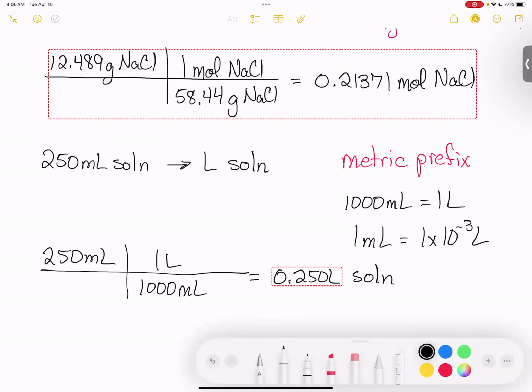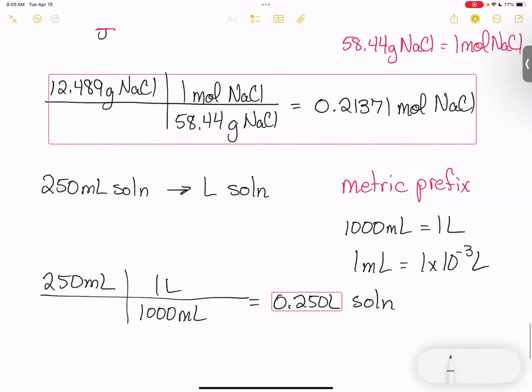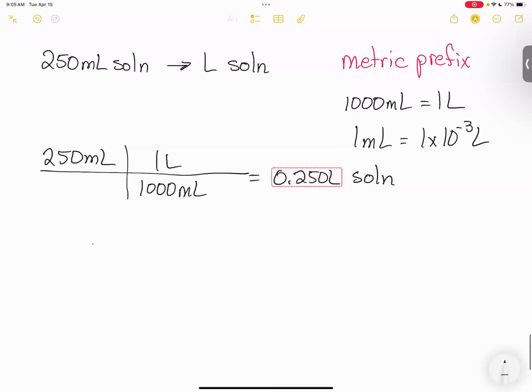Now, looking at it, I have the 2 components for molarity, because molarity is moles of solute over liters of solution.